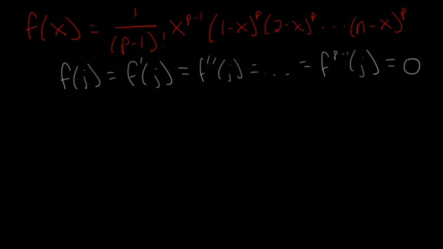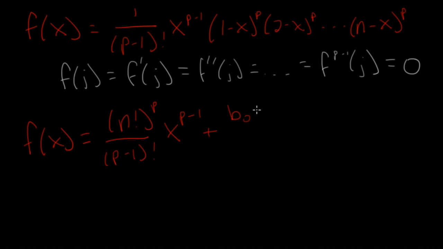So another way to write this function, if you multiply out all the terms, is n factorial to the power of p minus 1. And I'm not going to go through why this is the case, just for brevity. If you want to go through it, I assure you that this is what happens.